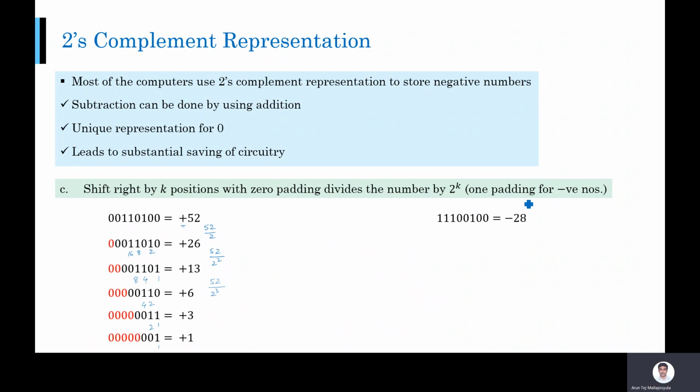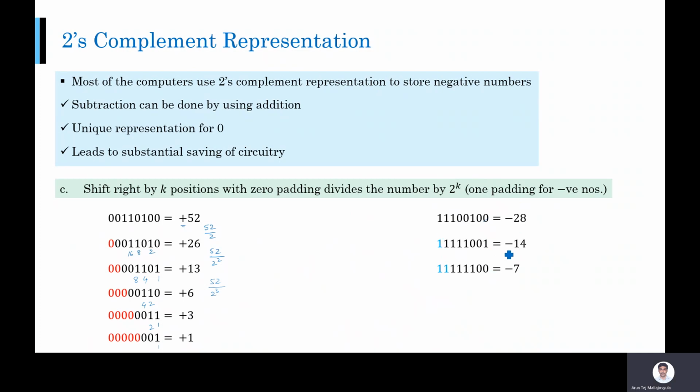All right. Let us take a negative number. For a negative number, you have to remember that you have to do one padding because it has to remain negative, right? So the padding has to be 1. I am shifting it by one position. This number is equal to minus 28. I am shifting right by one position, so I will get minus 14.